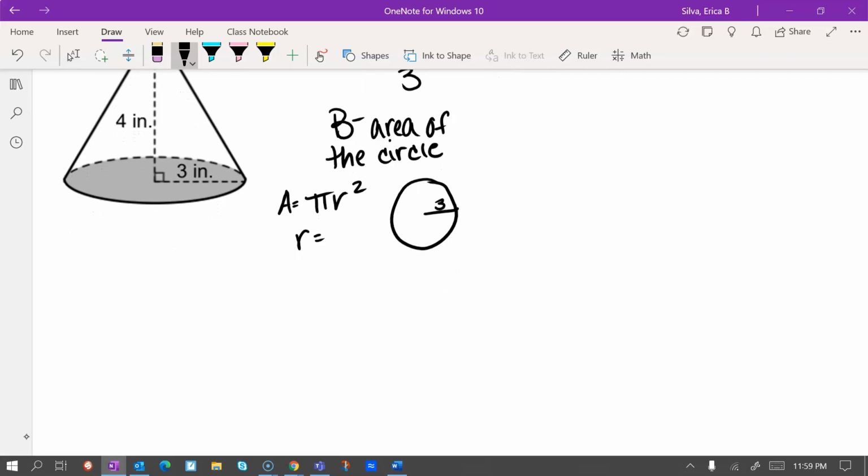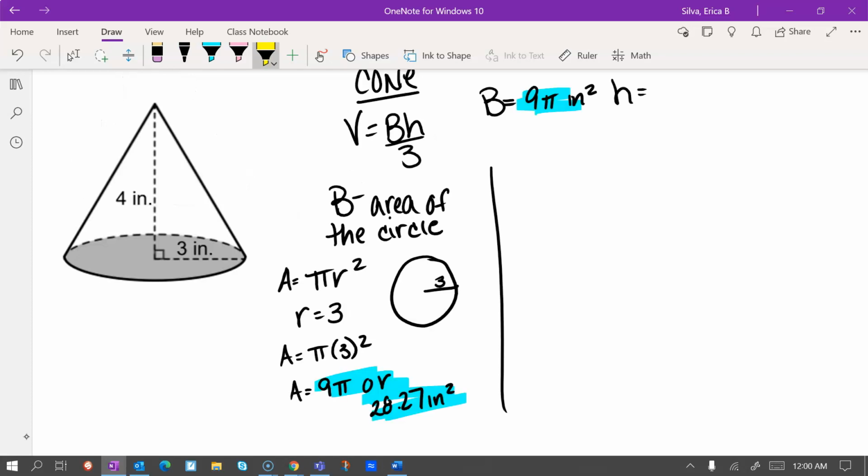We need our radius. Our radius is 3. So we get pi times 3 squared, which gives us 9 pi, or 28.27 inches squared. And now to find the height, you want to look for the height that's perpendicular to the base. And this is 4 inches.